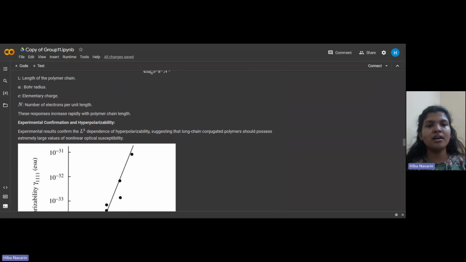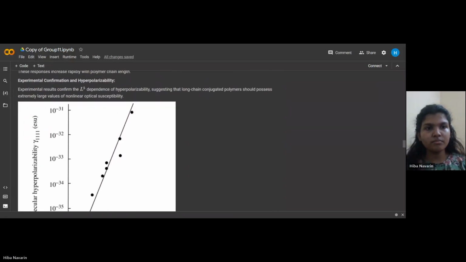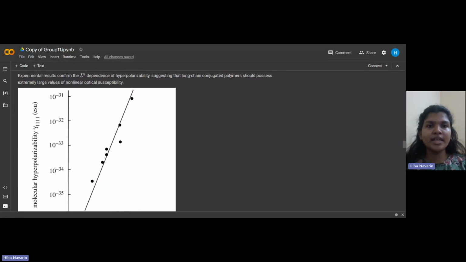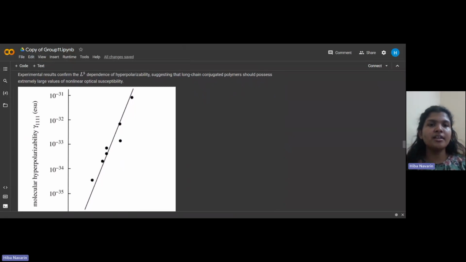Hyperpolarizability is the difference from ground state to excited state of a molecule, the difference in their optical property. And we can see that as the chain length increases, since it's fifth order, the optical susceptibility increases very rapidly.